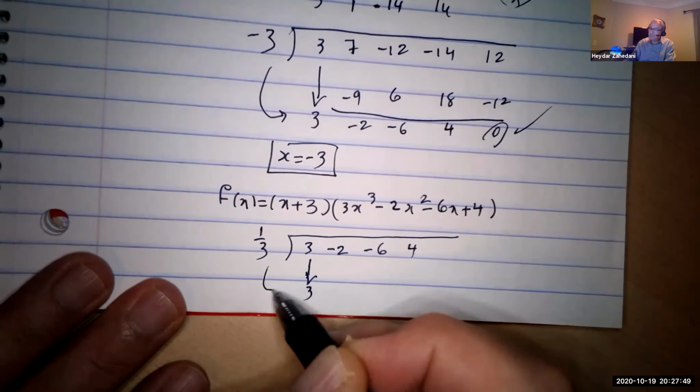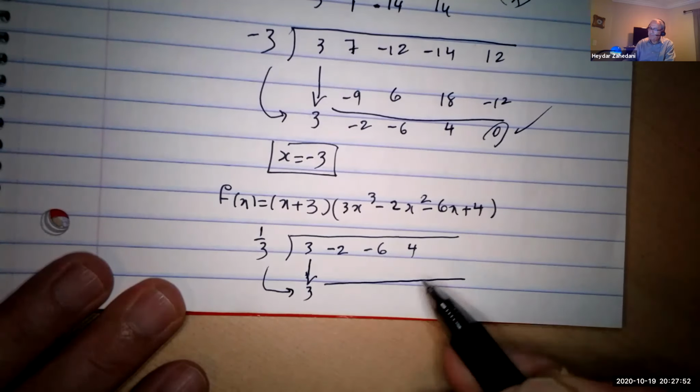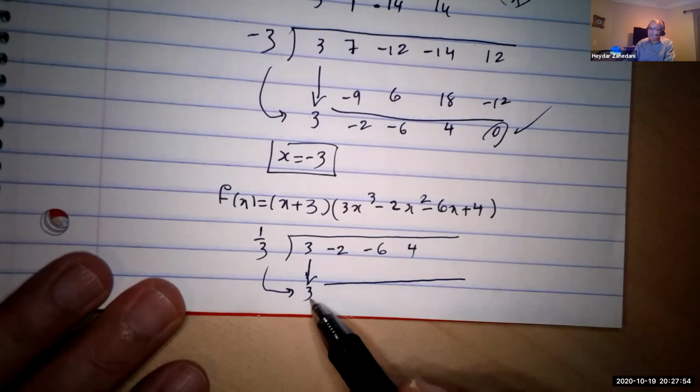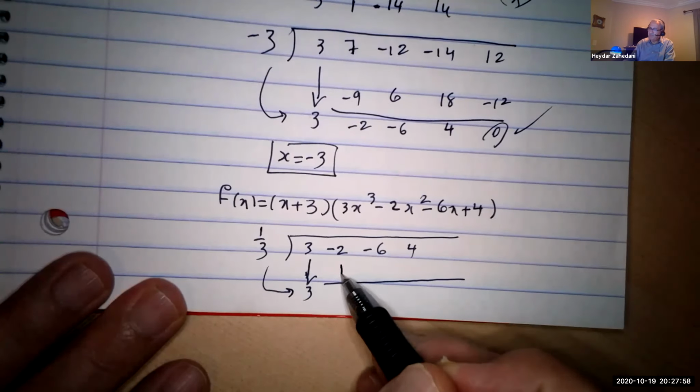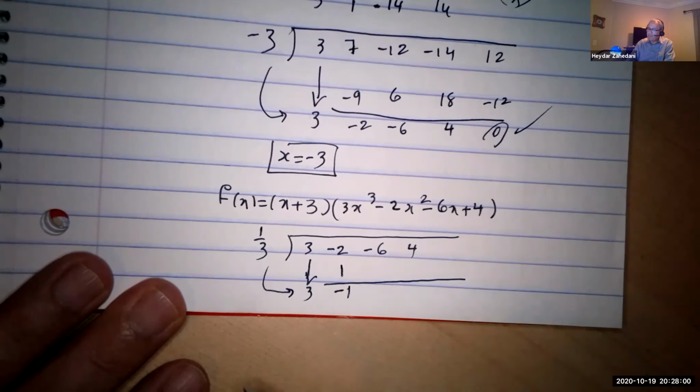If you pick the 1/3, so 1/3 times 3 would be 1. Then you get -1. So this is going to be the case.